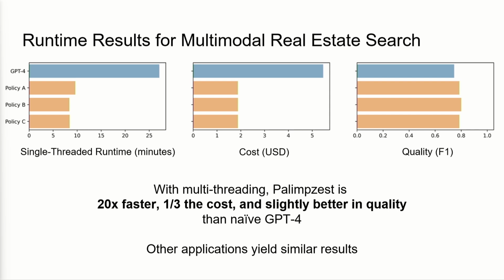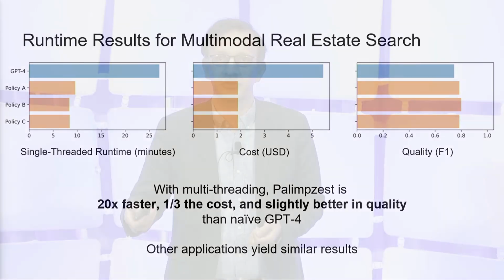But what's really exciting is that these abstractions that we offer the user allow us, under the covers, to trivially rewrite the program to not just save you time and money, but also to parallelize it. And if you turn on that option, you retain all the cost savings that you see here. So it takes about 1/3 as many dollars sent to the AI model providers, and it can run about 20 times faster than the naive program.